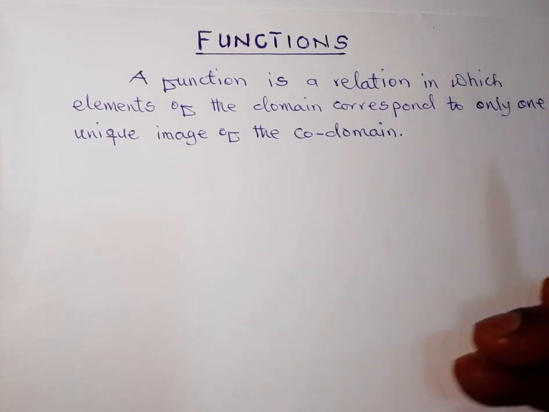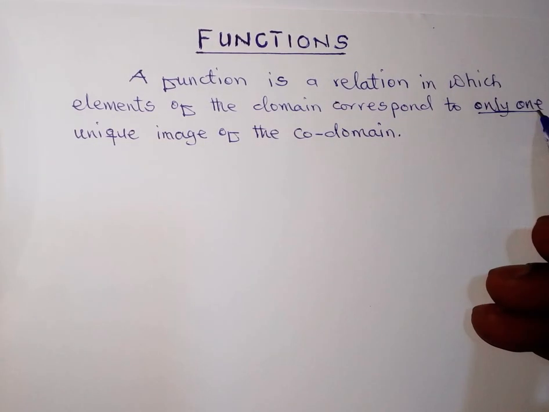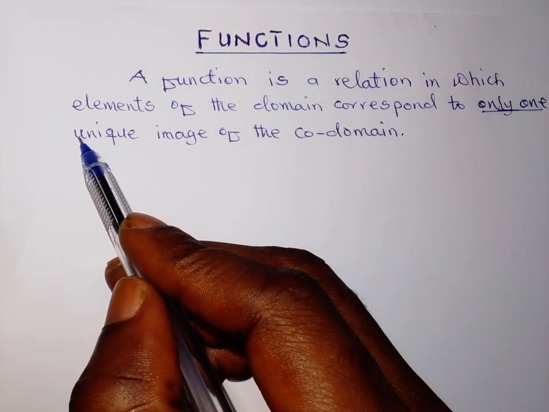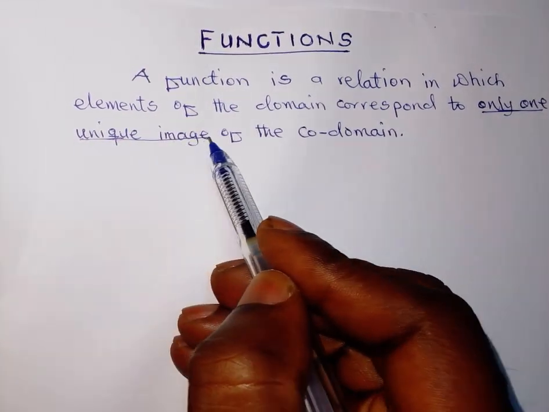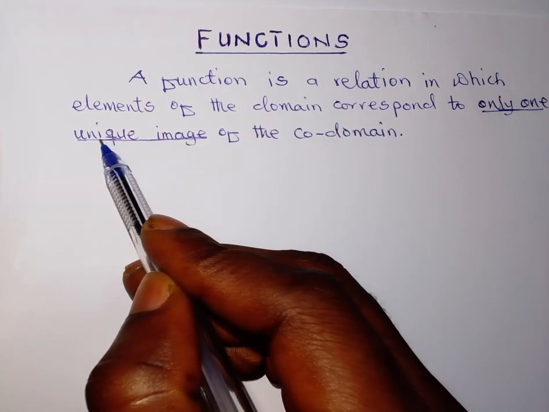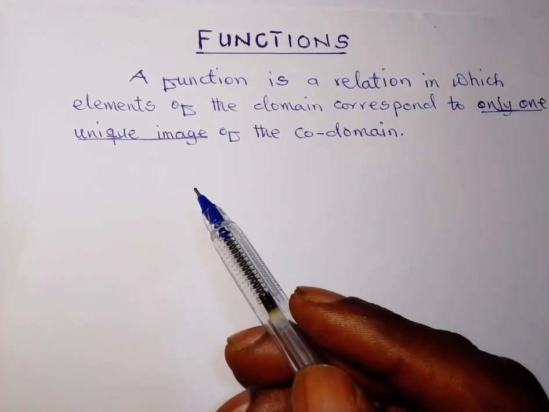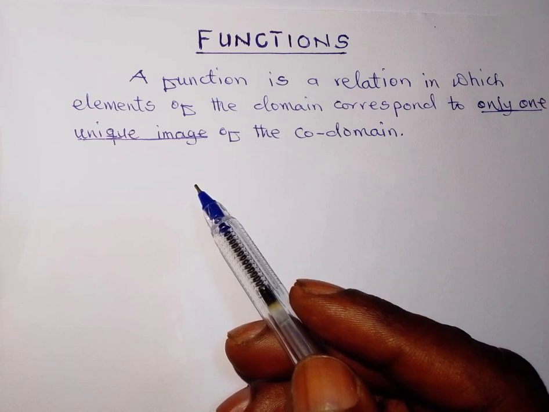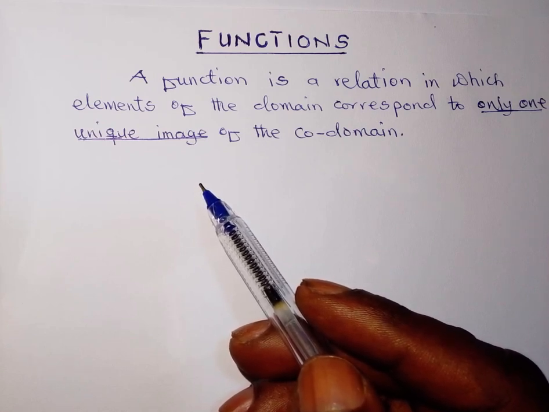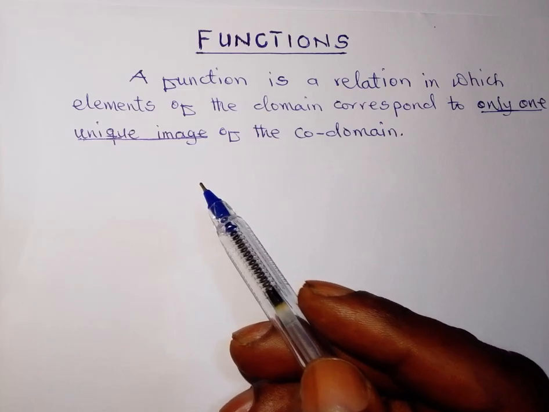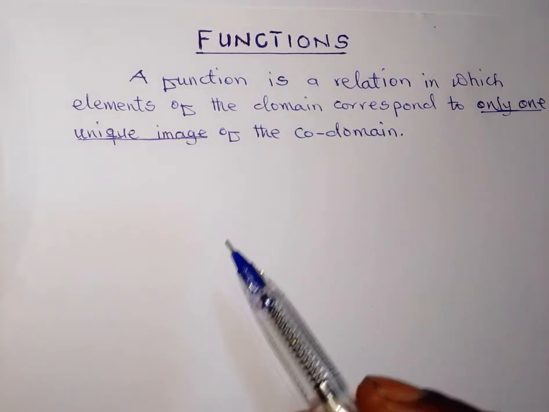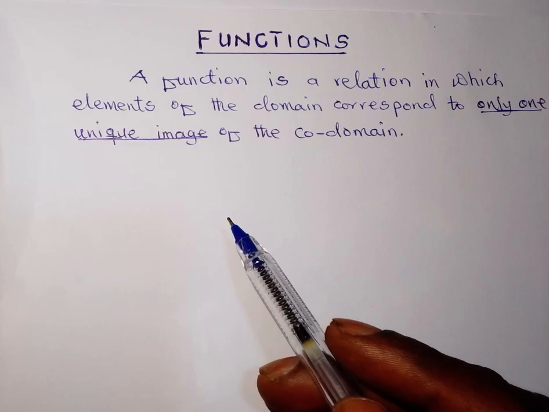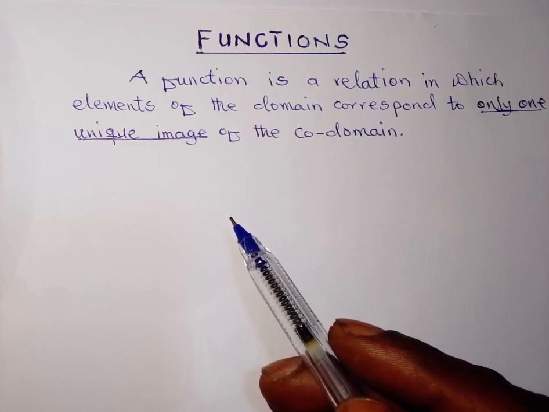So here the underlying words are: only one unique image of the codomain. What do we mean by unique in the codomain? It means that you have elements in the domain, but they must correspond to only one element in the codomain. We've already looked at the various types of relations, so we can relate here.